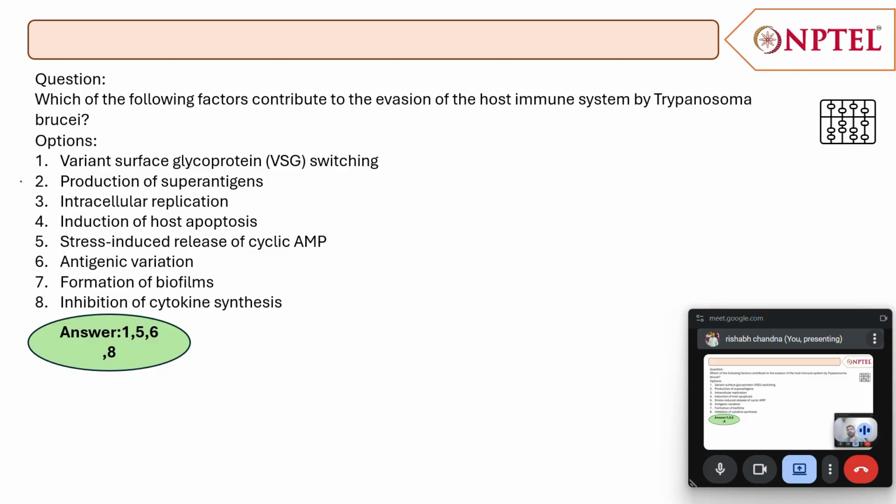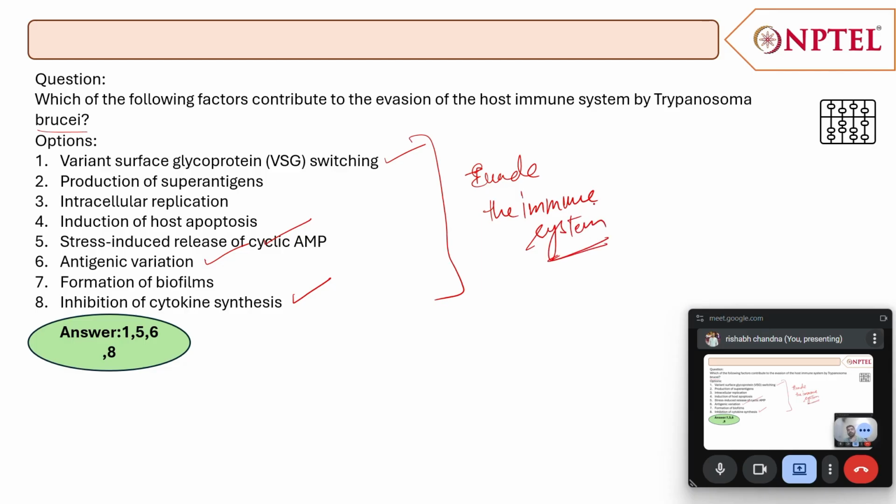The evasion of the immune system by Trypanosoma brucei is taken care of by the variant surface glycoprotein, that is the VSG switching. Then the stress-induced release of cyclic AMP, the antigenic variation, and the inhibition of cytokine synthesis. Okay, so these are the different ways they evade the immune system. Okay, moving on to the next question.